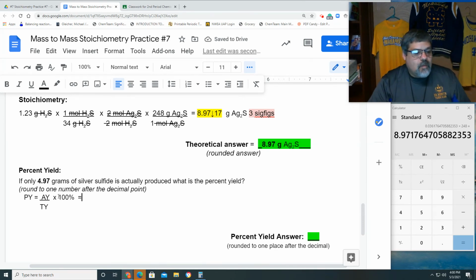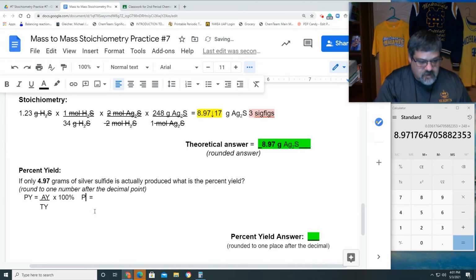So what we're going to do is we're going to go ahead and do that. So our percent yield equals our actual yield, which is this number right here, 4.97 grams actually produced. So that's what we're going to put on top, 4.97 grams. And then on bottom, we're going to put down our theoretical yield, which is this number right here that we just calculated out. So it's going to be 8.97 grams.